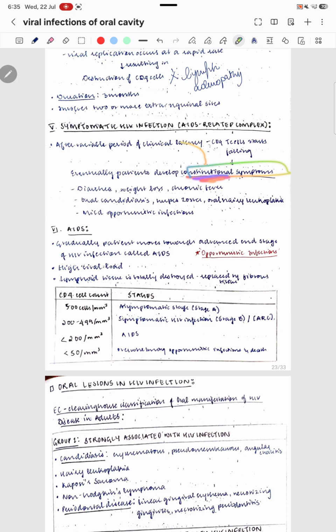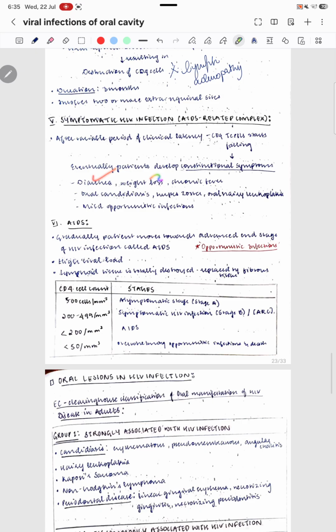Constitutional symptoms are your secondary symptoms: diarrhea, weight loss, chronic fever, oral candidiasis, herpes zoster, oral leukoplakia, and mild opportunistic infections.